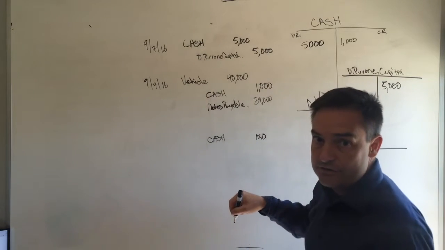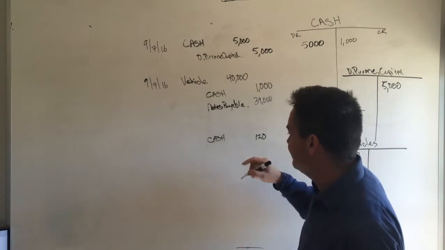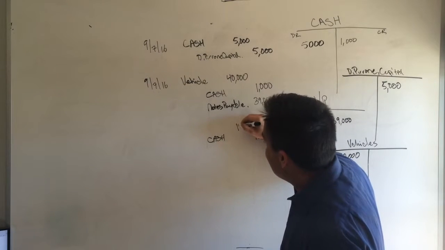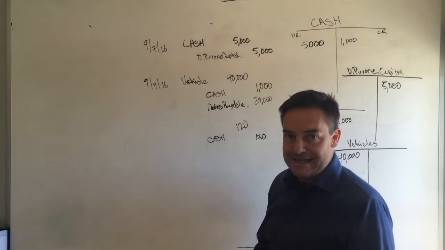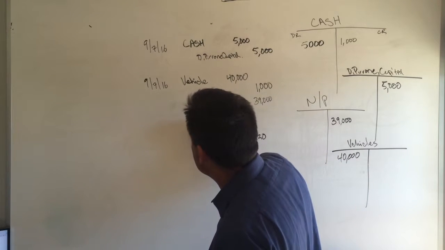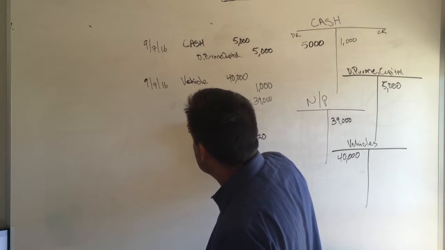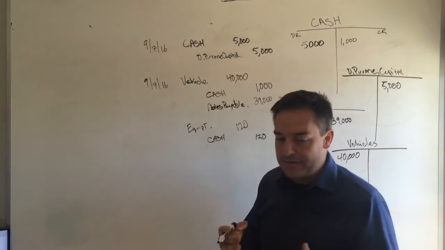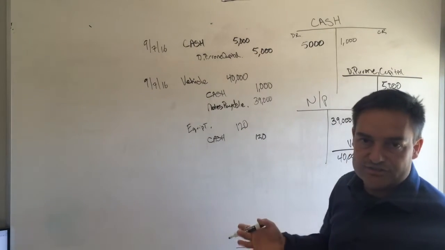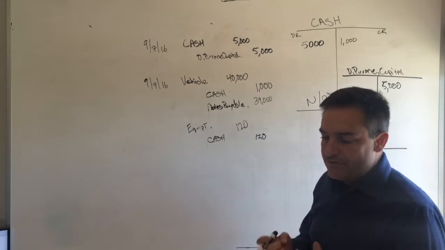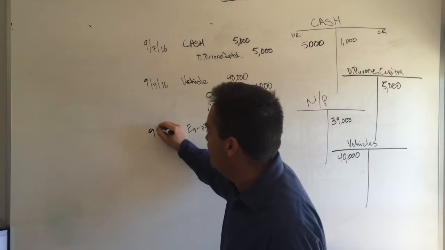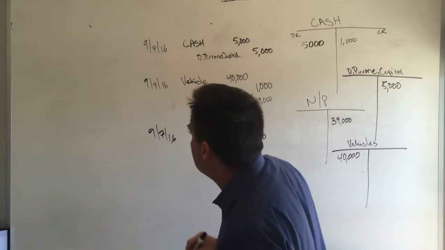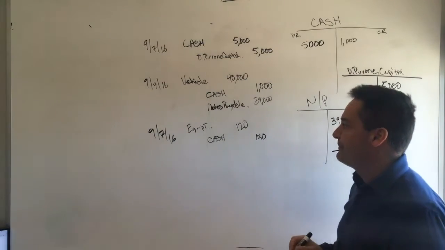If you credit cash for $120, you would debit some account for $120, and the account that we are going to debit is going to be the equipment account. And equipment is an example of an asset. We could have just as easily called it the clippers account, but some sort of asset account. So I'm going to just call it the equipment account. Let's say we do that on the 7th of September as well.